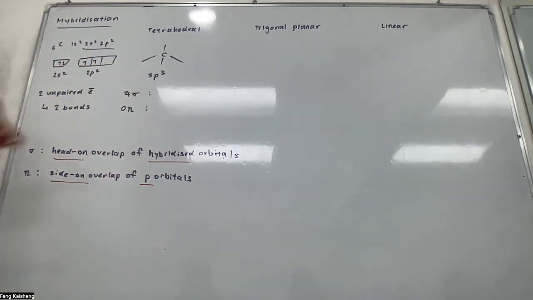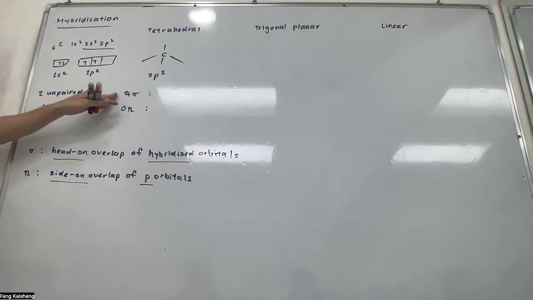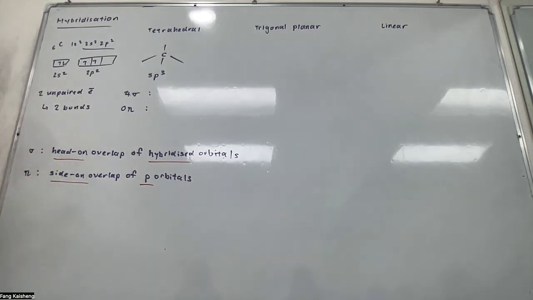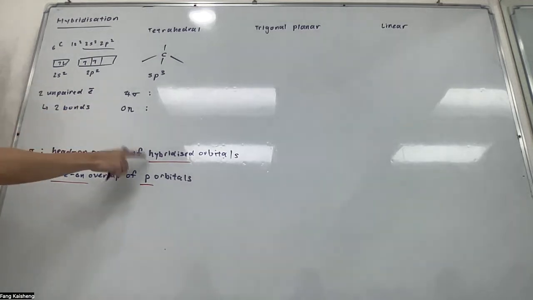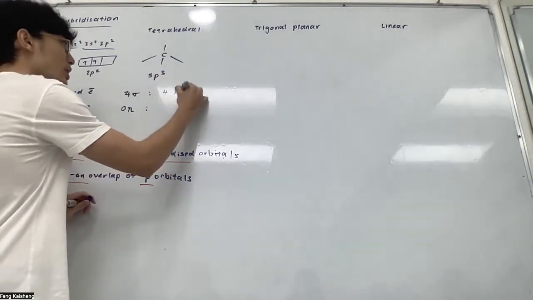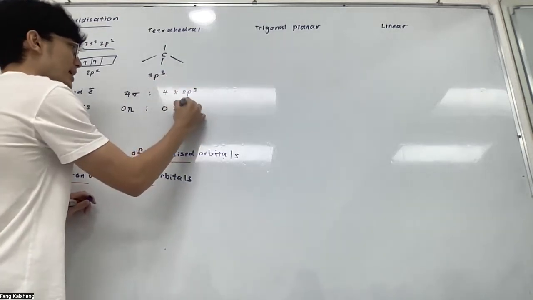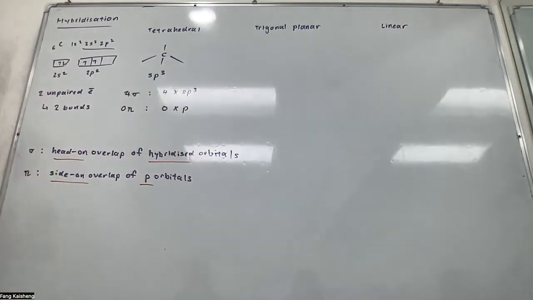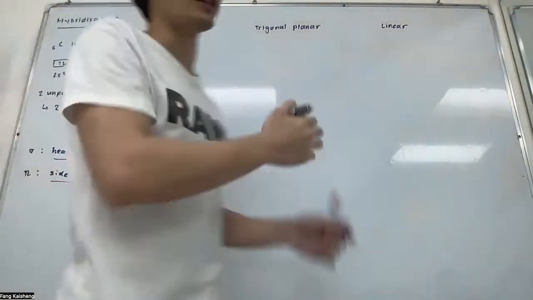Considering that this one has 4 sigma bonds, how many hybridized orbitals will it have? We have 4 sp3 hybridized orbitals, and that's why this one has no p orbitals. You just need to repeat the same process for the other 2 shapes.